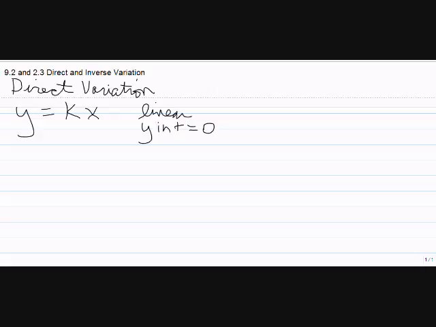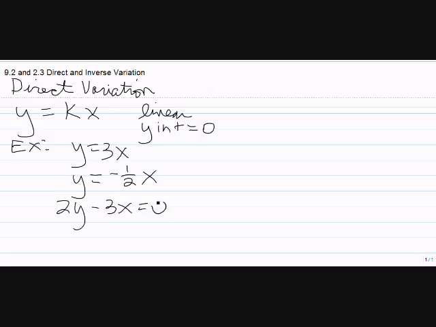And examples of direct variation could be like y equals 3x, y equals negative 1/2 times x. Let's see, 2y minus 3x equals 0.